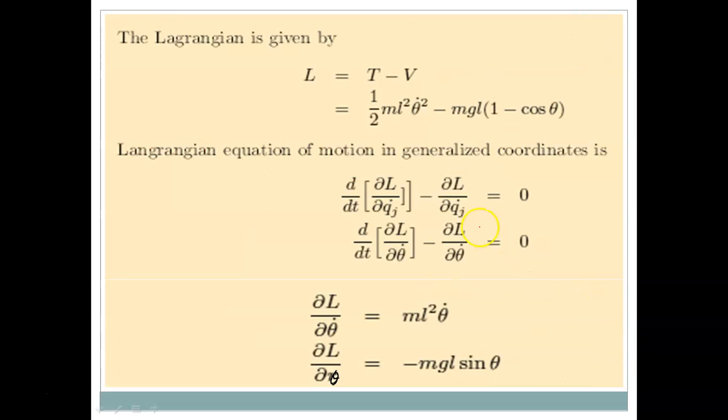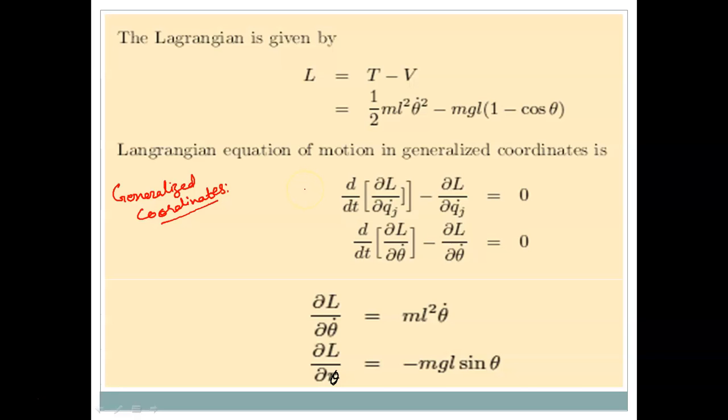Then of course the Lagrangian can be given by L equal to T minus V. T is this quantity, V is this quantity. Now if we look at the situation here, we have to identify the generalized coordinates. From the configuration, you see the configuration of the system is determined with the help of a single variable.